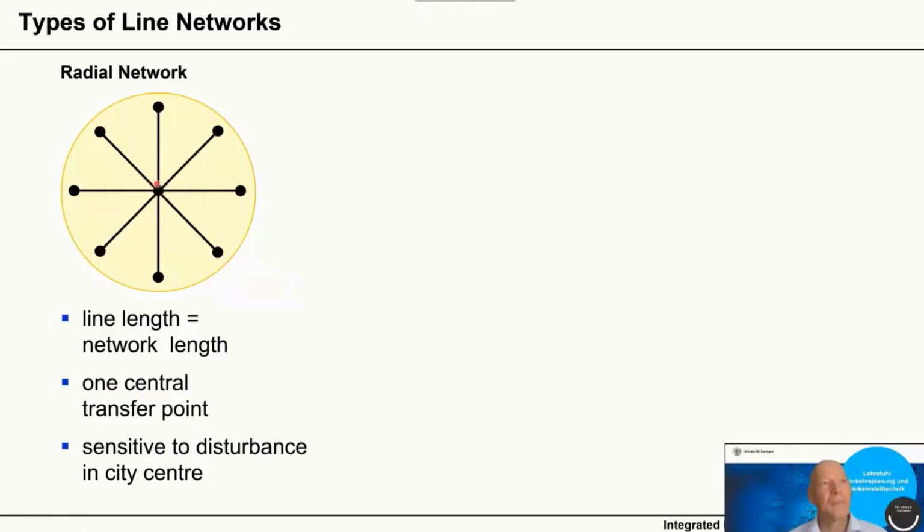Because if you have a disturbance here at the central transfer point, your entire system stops working. So it's not resilient to disturbances.